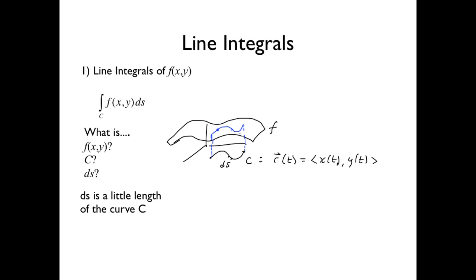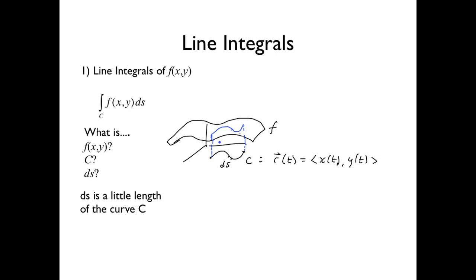So we're just going to take those points on the surface for those points on the curve, those xy points on the curve. If we integrate those z values over those points on the curve, then we're going to get the signed area of like a curtain, right? It's going to be like the signed area of a curtain.